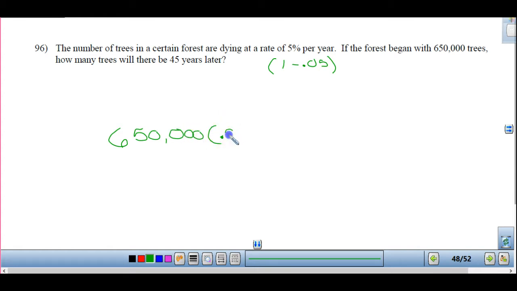We end up with 0.95 in our parentheses because it's depreciating, in 45 years. That's where we want our time. So you're going 0.95 to the 45th power, and then you can multiply that. Make sure you hit enter, times 650,000, and you should get approximately 64,636 trees left in that forest.